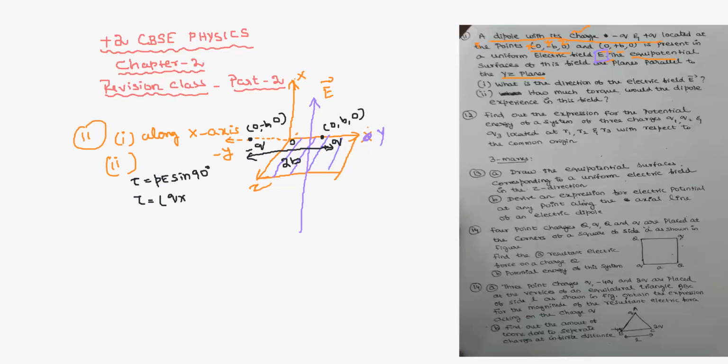So P, the electric dipole moment, is q into 2b. E sine 90 is 1. So our answer is tau equal to 2qbE, the torque experienced by this dipole. So this is the answer of question number 11.